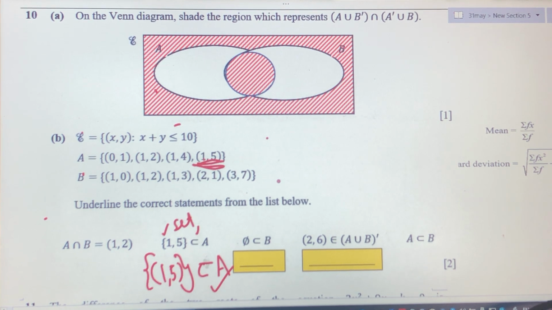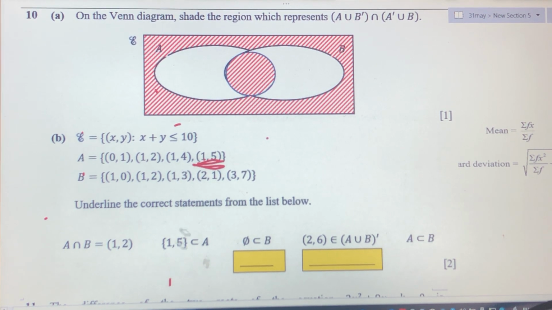That is correct. Are we clear? So this question really tests you on understanding. Now the next one, empty set. This one is an empty set, right?